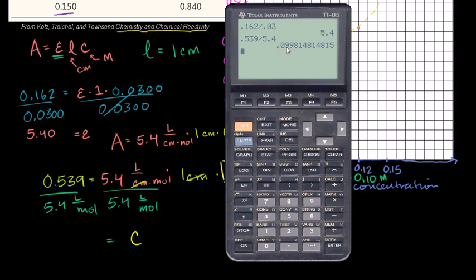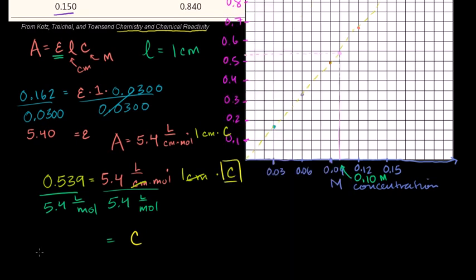So we could say 0.0998. And then if you're dividing by liters per mole, that's the same thing as moles per liter.